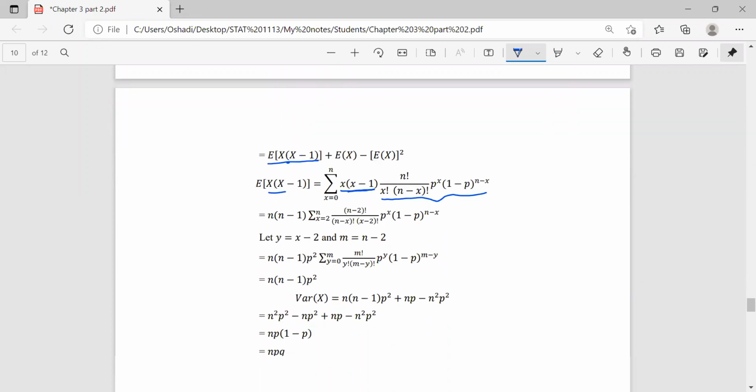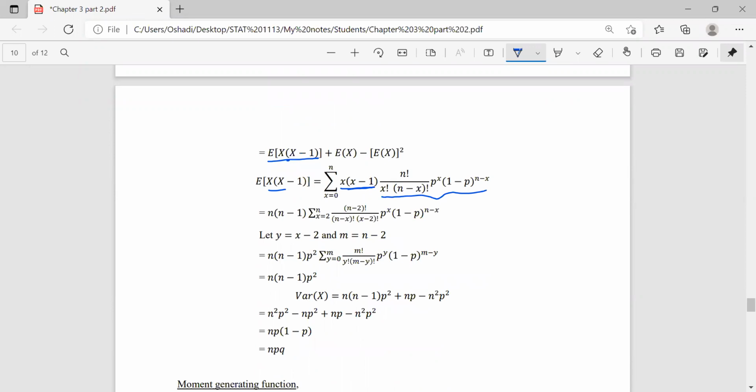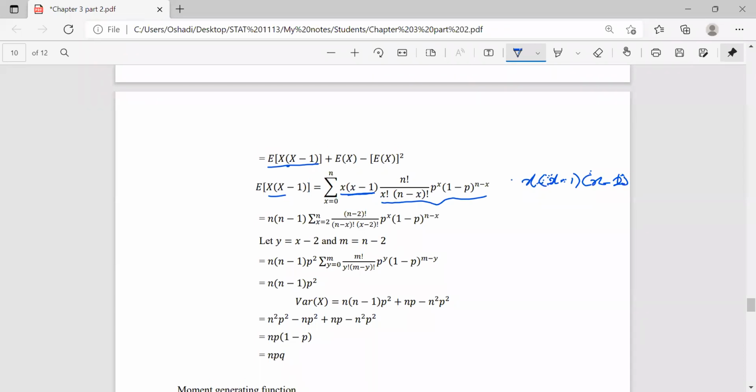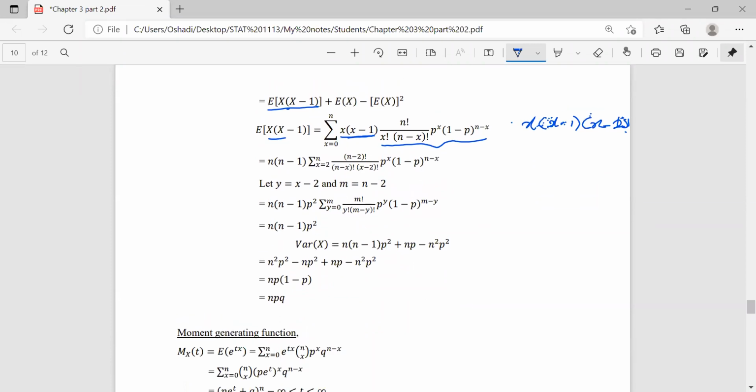So like earlier, here also the factorial x can be expanded into x into (x minus 1) into (x minus 2) factorial, right?